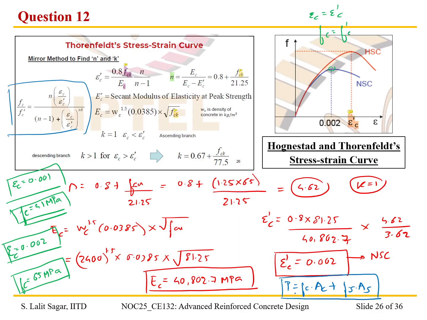I have determined the value of fc and then the fs is going to be same as in the previous set of problems. Corresponding to epsilon c is equal to 0.001, we have what is fs? fs is equal to 200 MPa. And for epsilon c is equal to 0.002, fs is how much? 400 MPa.